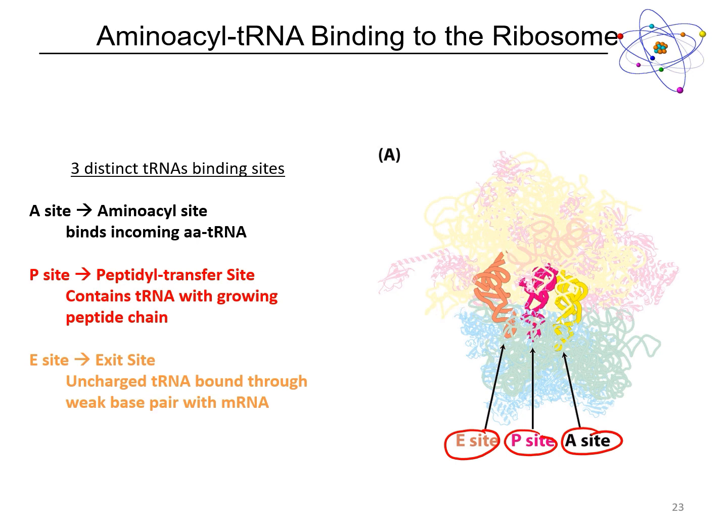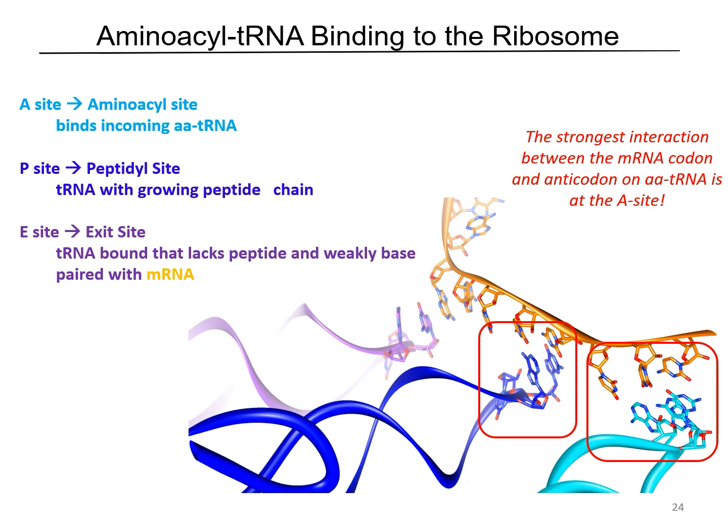Whereas if we look a little bit closer here, we can see that the tRNA in the A site and in the P site have some structural features of the ribosome on top of it, preventing them from coming in or going out.